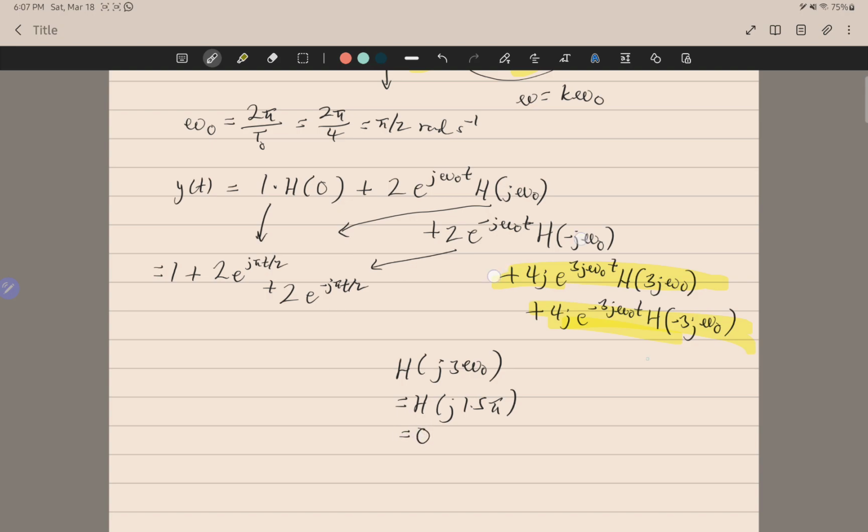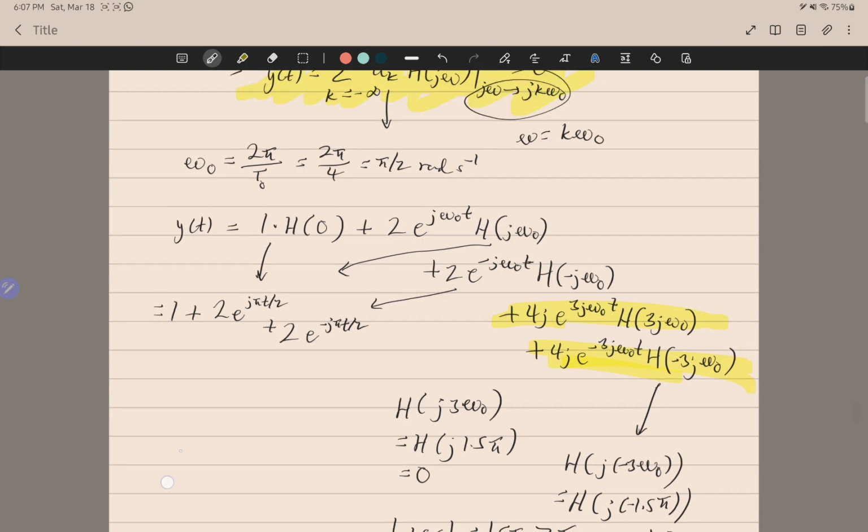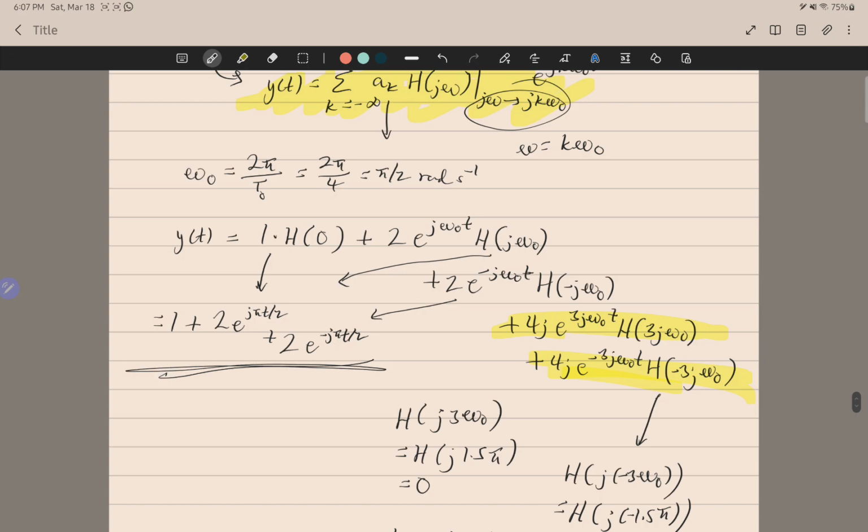Same thing with H of j negative 3 omega 0, which is equal to H of j negative 1.5 pi. The modulus of negative 1.5 pi is 1.5 pi, which is already bigger than pi, so this is equal to 0. So we're left with the output of the system, which is this.